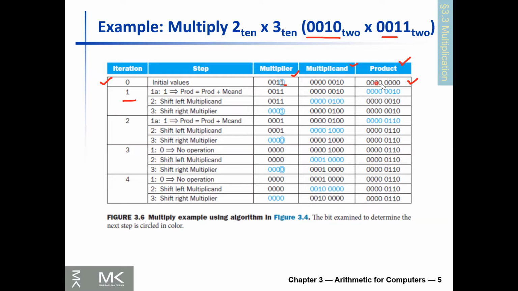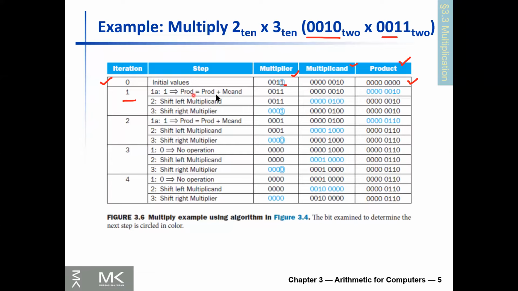And what is the product value? The product value is 0. And what is the value of multiplicand? You can check here, 2. I'm just saying in decimal, right? So this is like 2 plus 0. 2 plus 0 is going to be 2. So the blue ones which are there, this is basically updating. Okay, the blue color, so it is now updated.